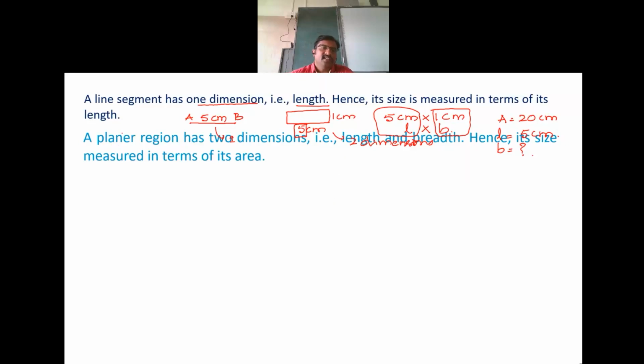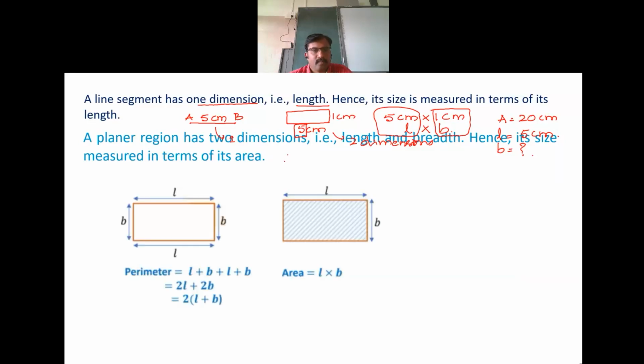A planar region has 2 dimensions, length and breadth. Hence, its size is measured in terms of area. The size of a line segment is in terms of length. The size of a two-dimensional figure is in terms of area. Here you can see the figure.